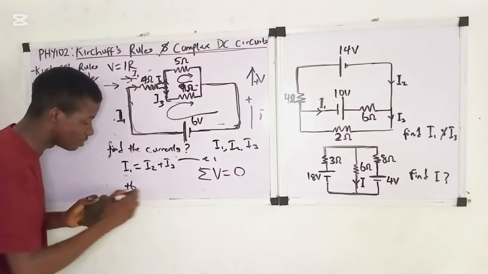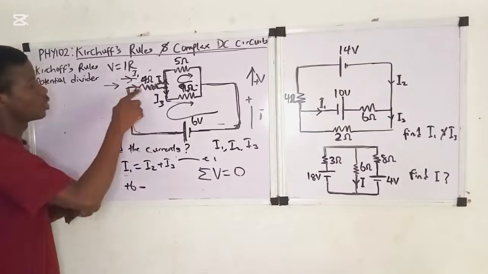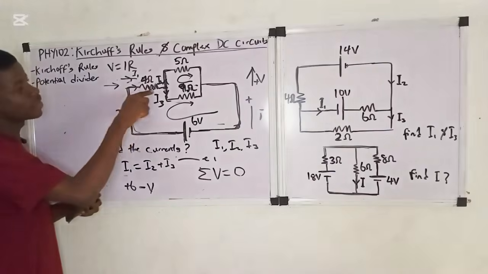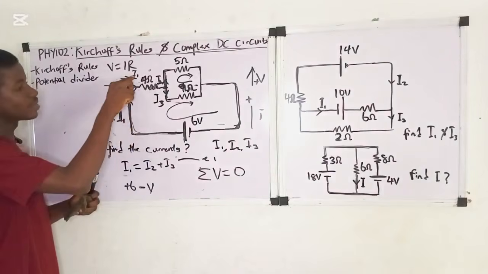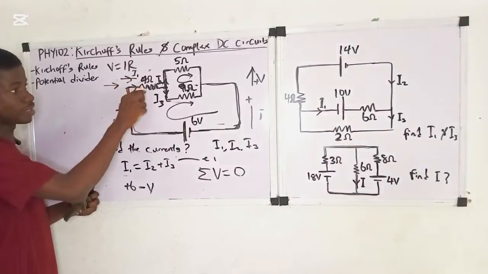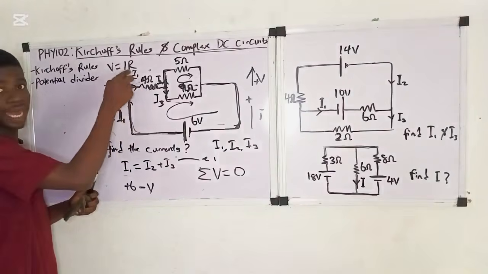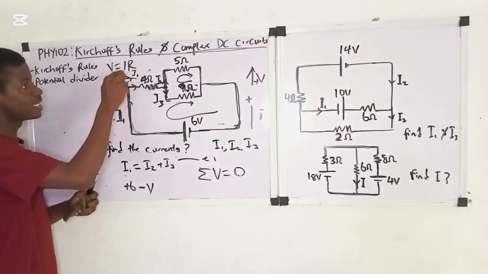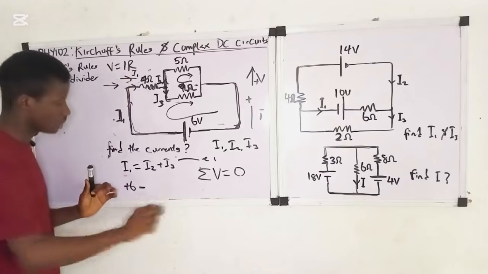It will be negative, minus V. Now the minus V here is from the current passing through this resistor. We know that V is equal to I times R, right?